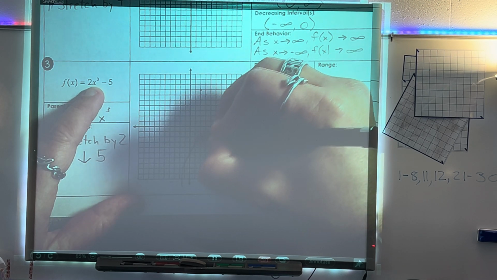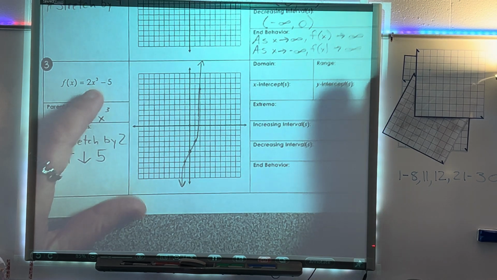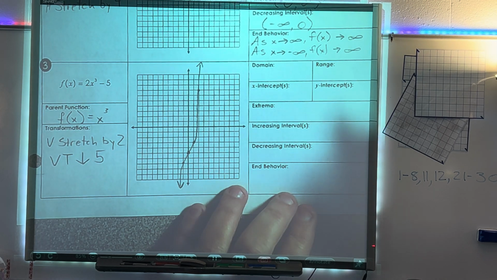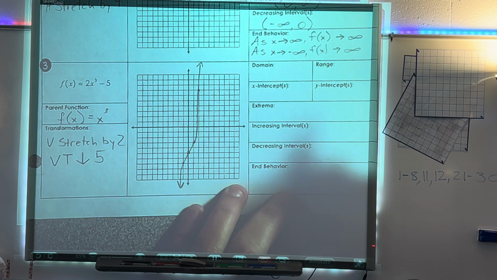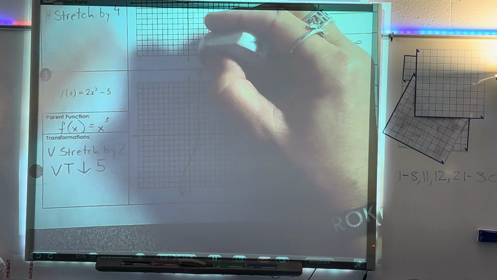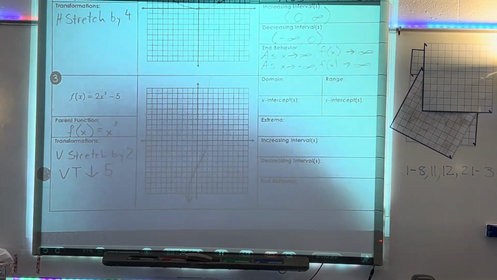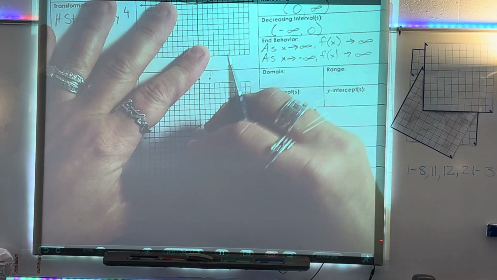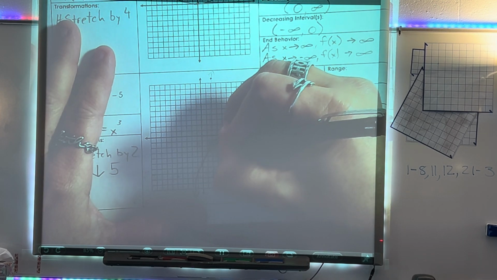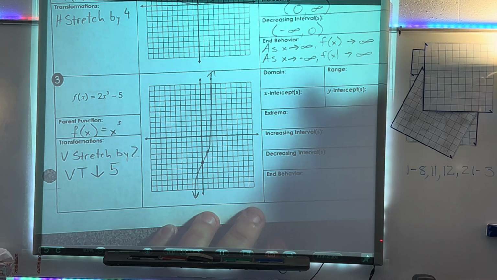Alright, this one is not going to have an x-intercept that's nice, so we're going to get out the calculator. 16 minus 5, that's 11. Okay, alright, that's what I did.